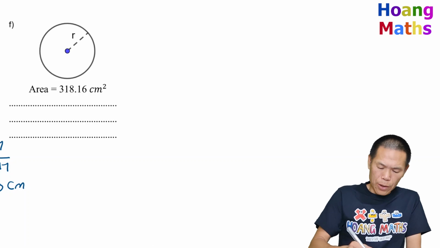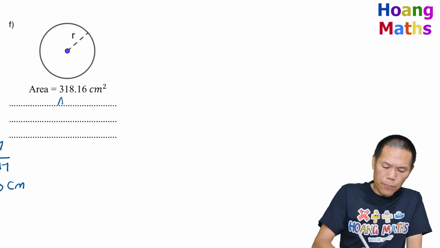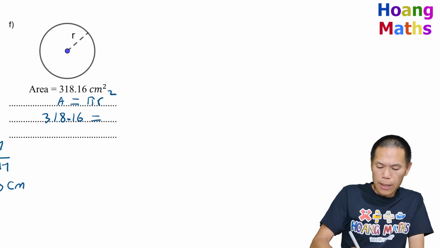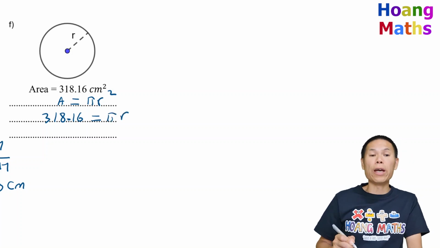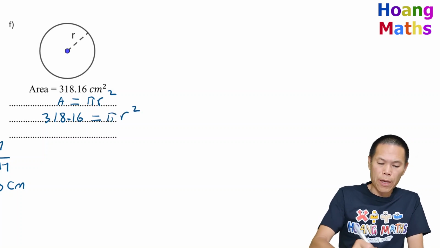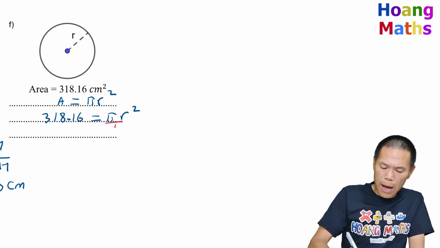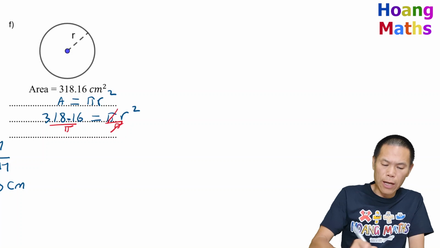Part F. So we know that area is pi r squared. And the area in this case here is 318.16, which is pi times the radius squared. Then what I do, I solve for r. So I divide by pi, get rid of pi first. That cancels out.